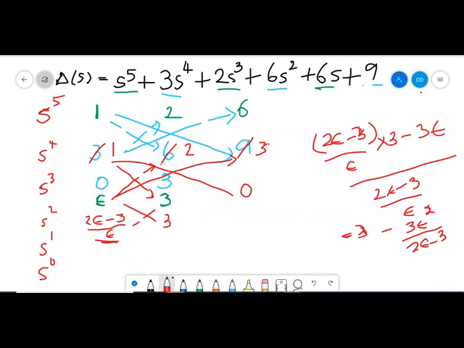So I'll write here 3 minus 3 epsilon square divided by 2 epsilon minus 3. That is the s to the power 1 element. Then the last row value is this, you multiply it by 3, this minus 0 divided by the same thing, you will land up with 3.